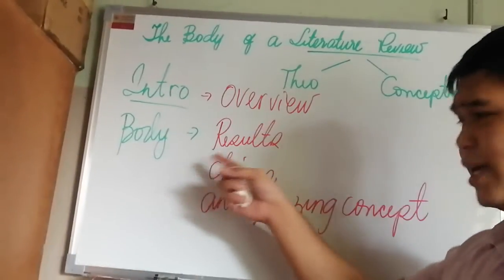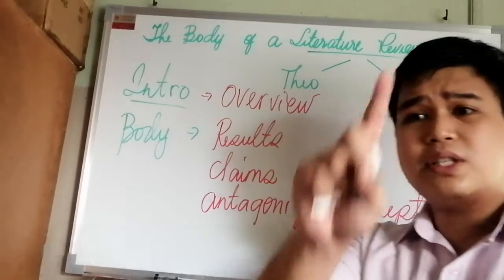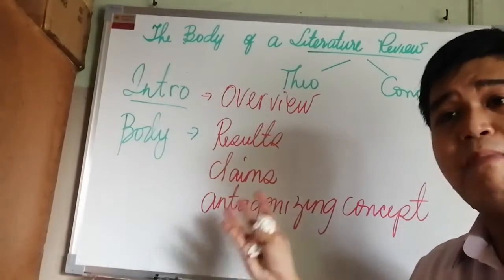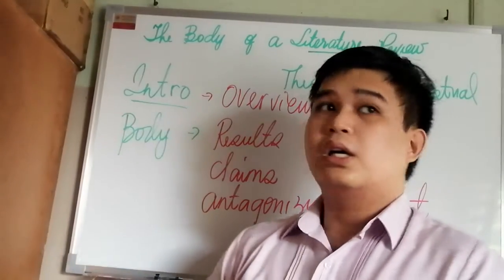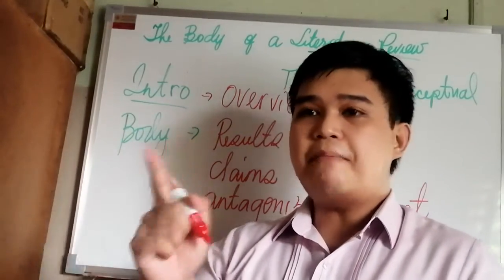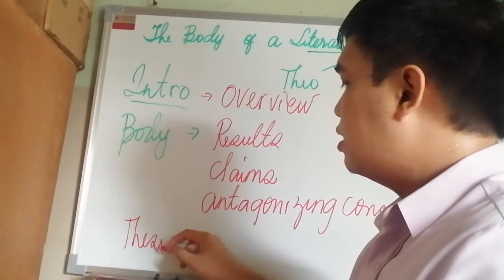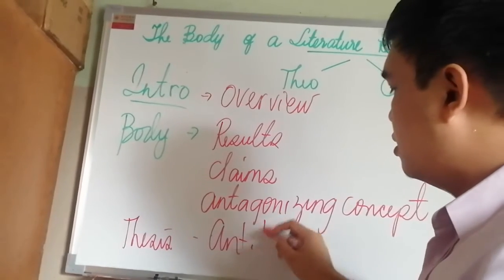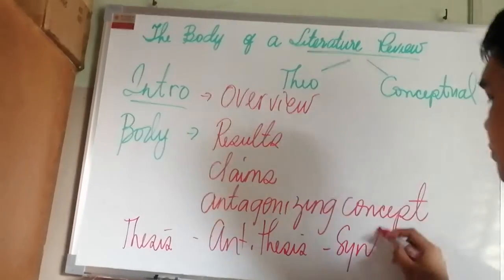So, hindi pwedeng ang ilalagay mo lang sa iyong study ay yung mga bida. Kailangan meron ka rin ipapakita mga antagonizing concepts. In some other books, they call it the thesis, the antithesis, and the synthesis method.